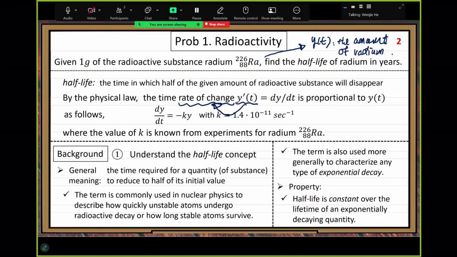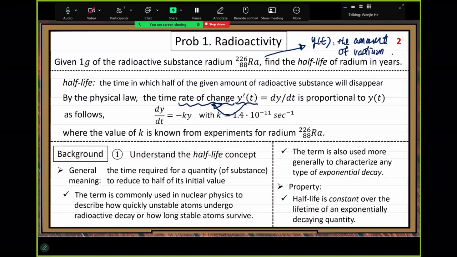Every time we have some phenomenon with the exponential decay property, anyone want to ask what exponential decay is? If you have a question about the exponential decay, we will see that on the next slide.